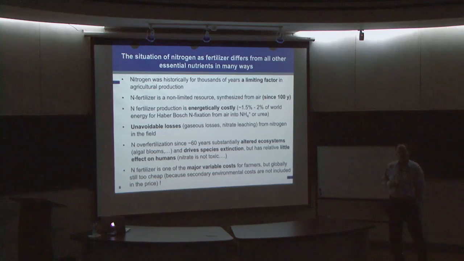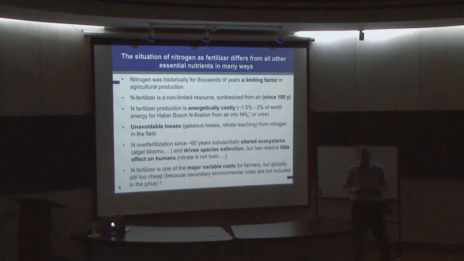The problem with nitrogen is on a different limitation level, and that's this conversion of air nitrogen, N2, with the triple bond between the two nitrogen atoms. This triple bond is extremely hard to cut. So we need enormous amounts of energy.